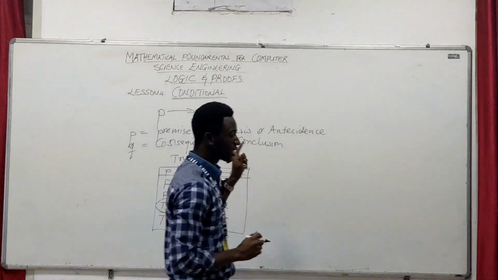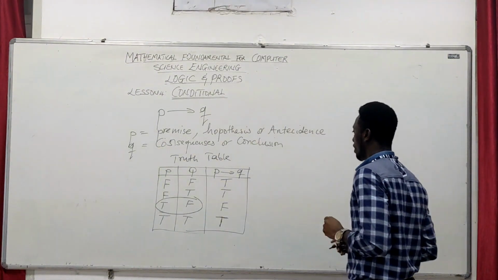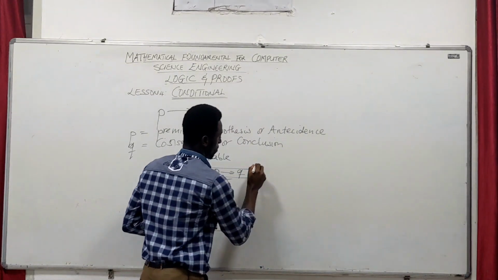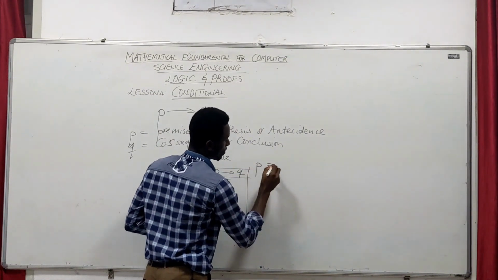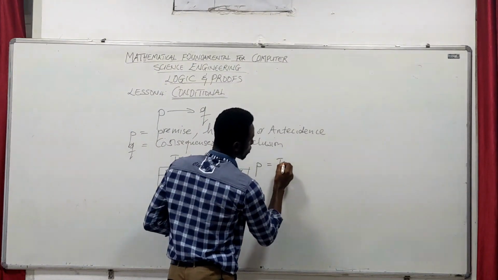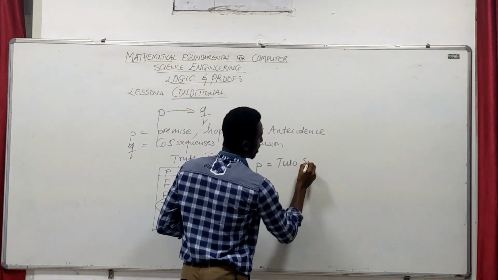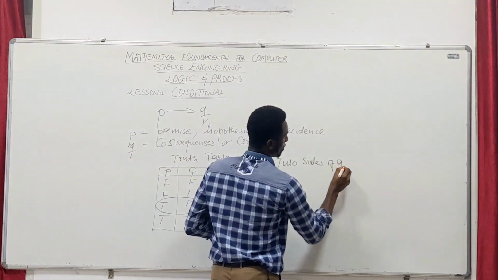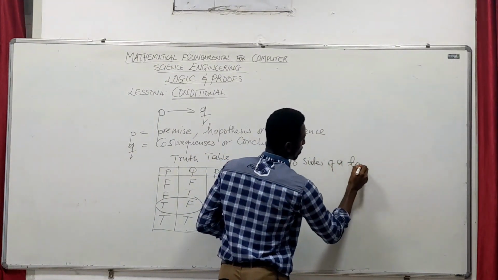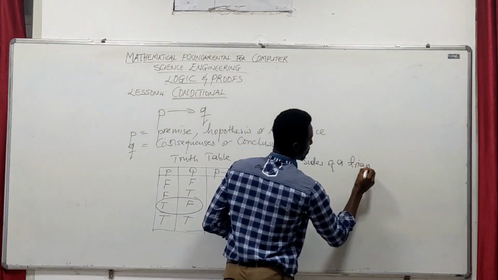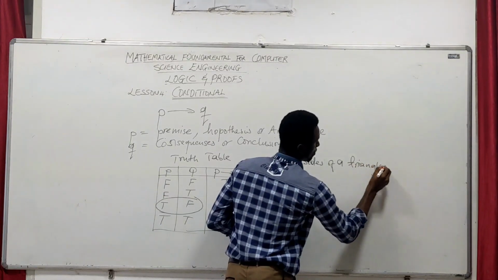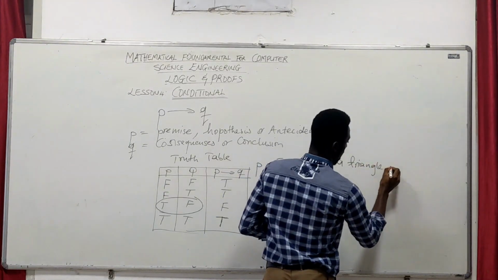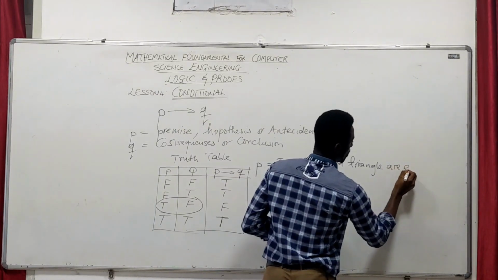So for conditional statements, let's take an example here. P, let's say two sides of a triangle are equal.